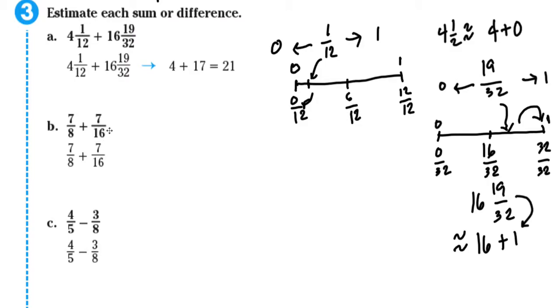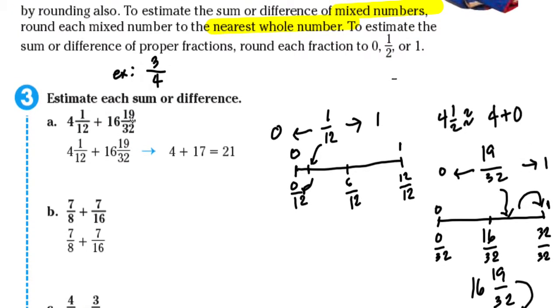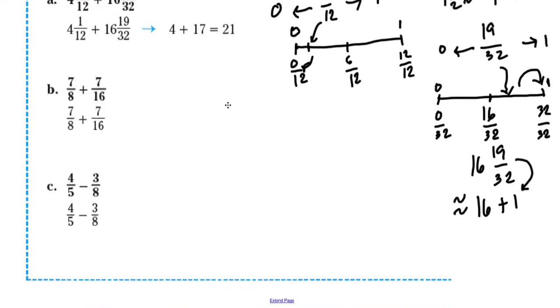In the next example, you have proper fractions, 7/8 plus 7 over 16, and we're just looking for the estimate. Since they are proper fractions, we need to round the fractions to 0, 1/2, or 1. So we go back to letter B and analyze 7 over 8.